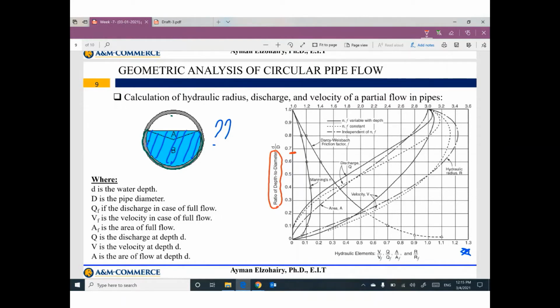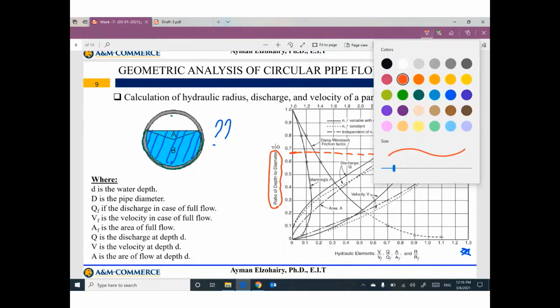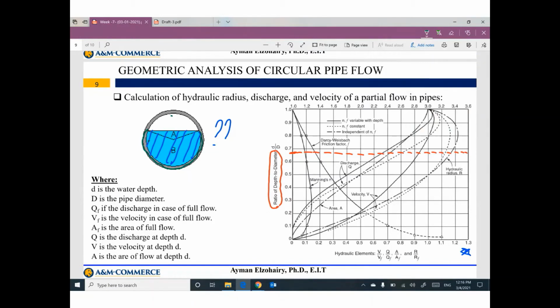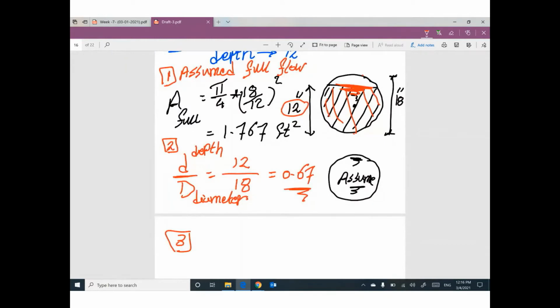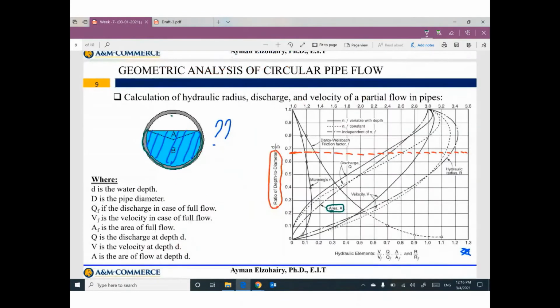Do you agree? Okay. I will go horizontally until which curve you are looking for? Until the curve saying area. Why? Because I'm looking for area. We are looking for this area. So I will look for the curve of area. Which curve? This one.